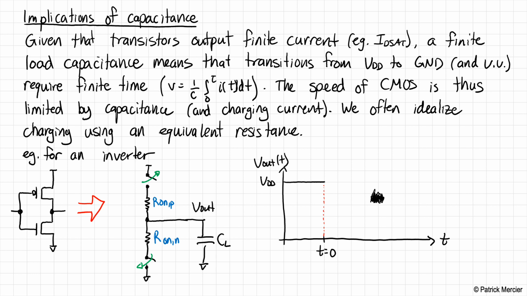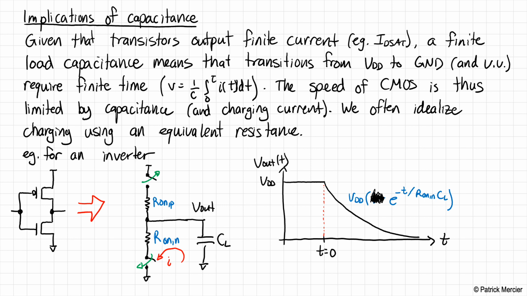And if it truly is modeled by a resistor, then basically what we get is an exponential delay model, something like this. Specifically, the function is VDD times e to the minus t over R on, N times CL. It's a decaying exponential function. So basically the capacitor was charged, and then once that NMOS transistor turns on, we have some current that flows through it that discharges that capacitor all the way to 0.